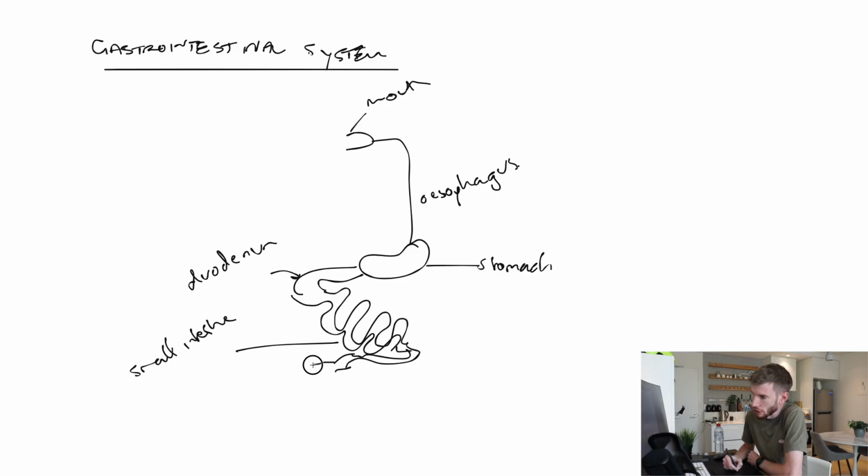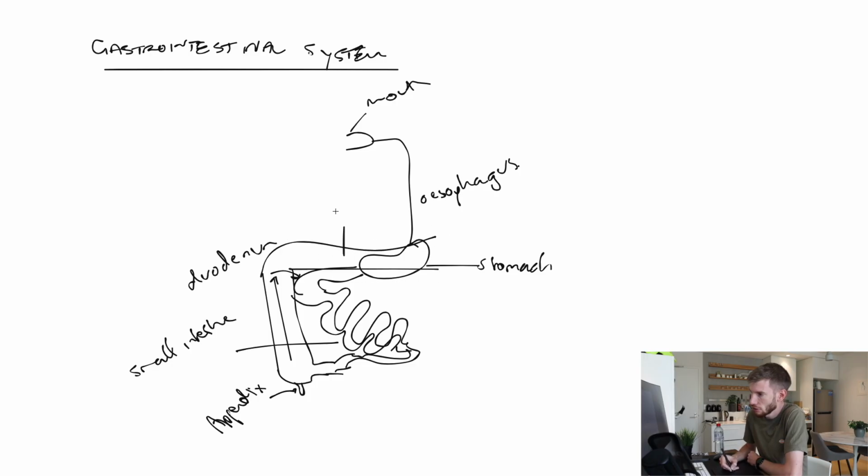And then it meets up with the large intestine or the colon, and this is a lot bigger and a lot less convoluted. And you've also got the little appendix hanging off there, which we don't really talk about. And then you've got the ascending colon. Then you've got the transverse colon running across.